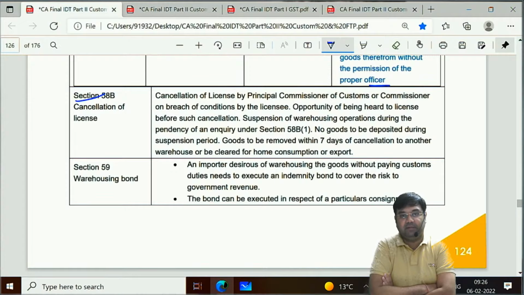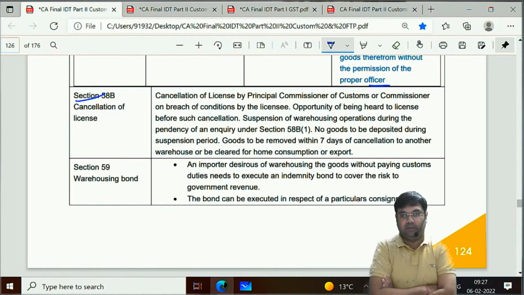Why? Very simple reason, because government is yet to get the import duty. So without custom officer permission, you cannot remove the goods. Correct? Logical enough. But such person is too smart, the licensee. He is removing the goods. So basically you can say he is defrauding the government.